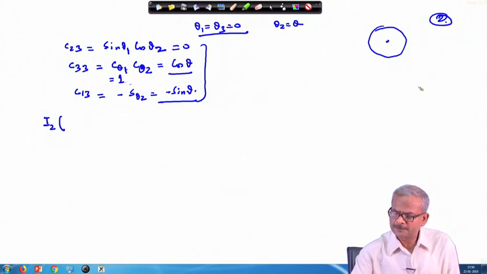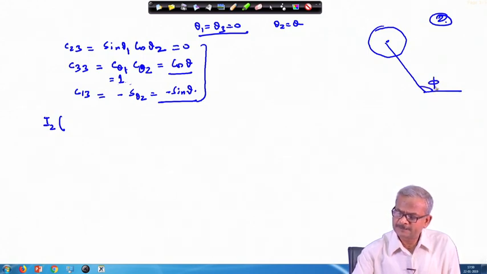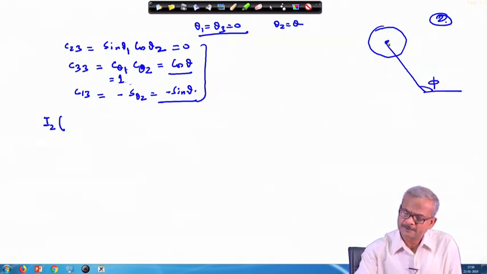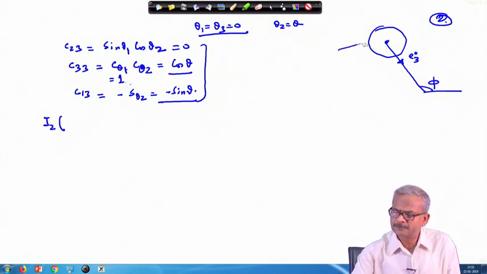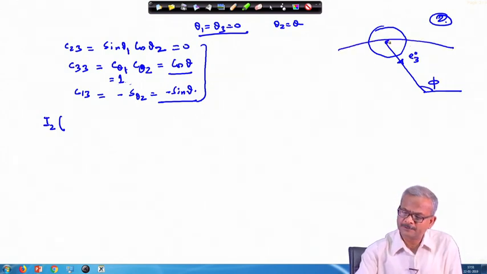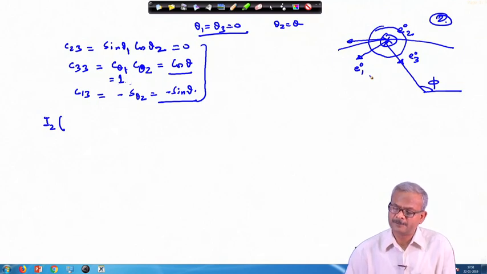Because here the earth is there and this angle, let us write as phi. Okay, and then we have taken this direction to be the E3 orbital direction, and suppose the satellite is going in the elliptic orbit. So, the velocity vector will be along this direction, but in our case E 01 will be along this and E 02 will be directly going inside the paper.